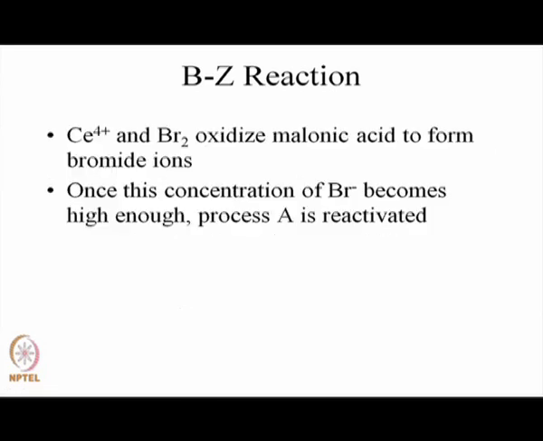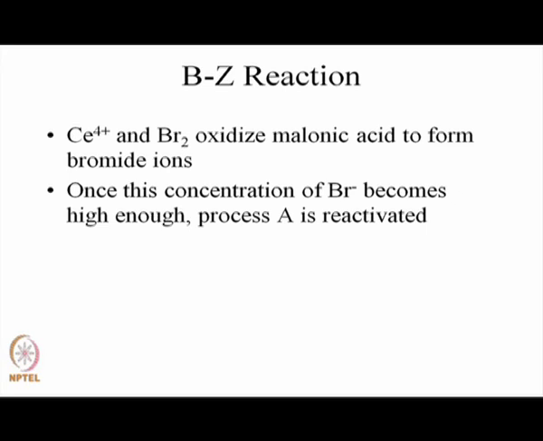Okay. Now Ce4 plus and Br2 oxidize malonic acid to form bromide ions. Once this concentration of Br minus becomes high enough, the process A is reactivated. Okay.